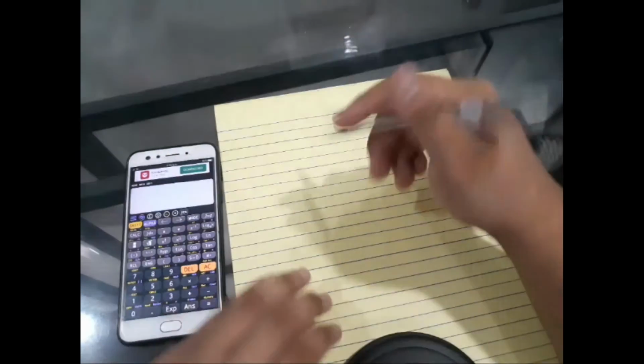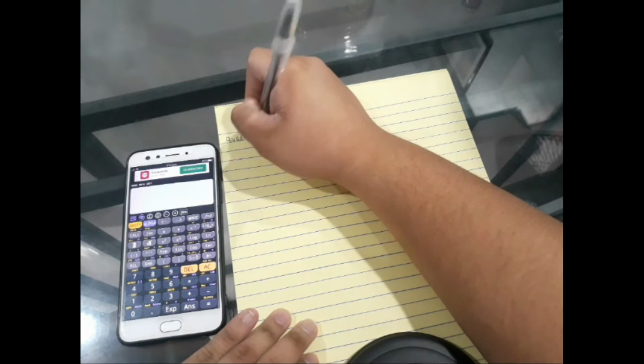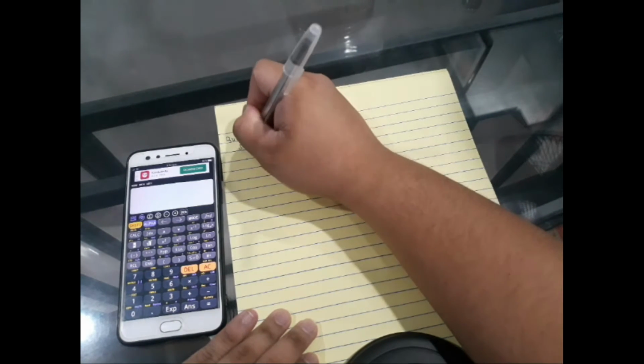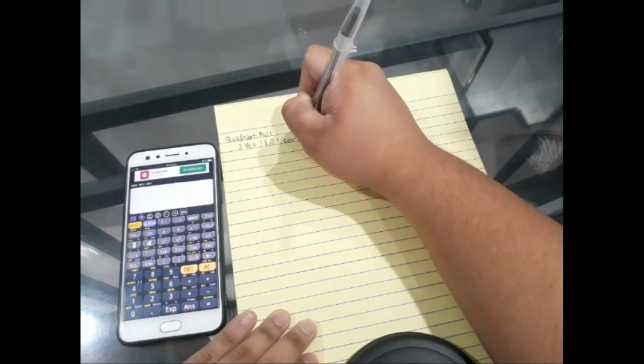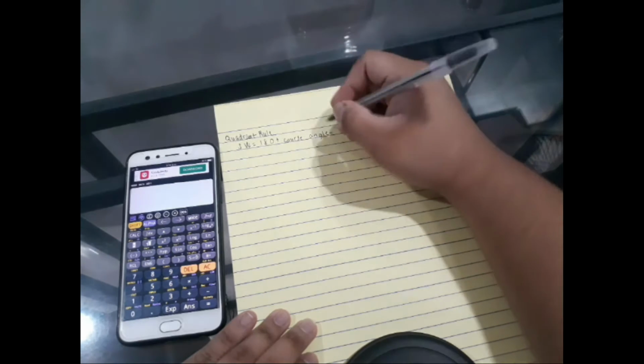So now we're gonna write the quadrant rule. Quadrant rule is equals to SW is equals to 180 plus course angle is equals to true course.